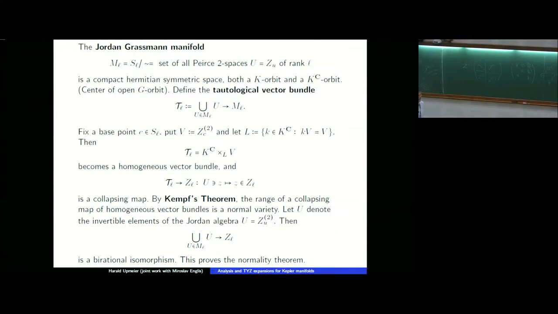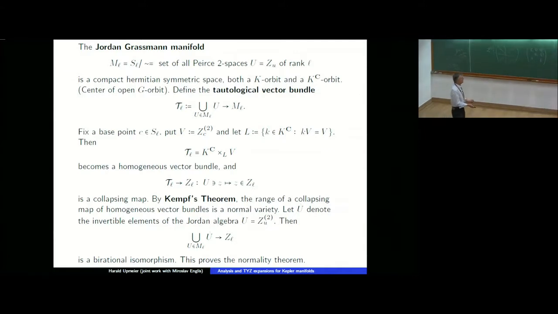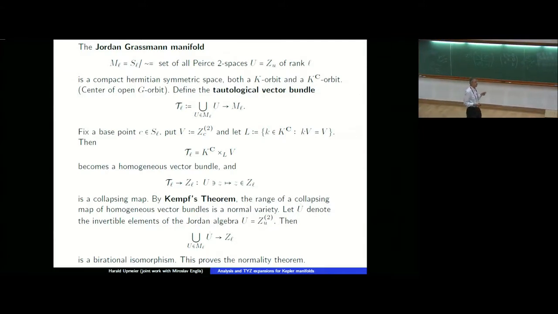Every unitary operator has the same Pierce 2, and so this is the collection of all Pierce spaces, just like a Grassmannian. But you do not take all subspaces of Z, but only Pierce 2 subspaces, very special ones. It turns out that it is a compact Hermitian symmetric space, both a K orbit and a KC orbit, just as the Grassmannian is as well.